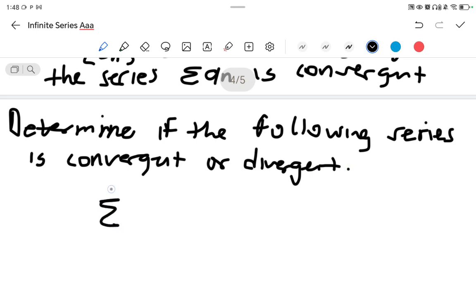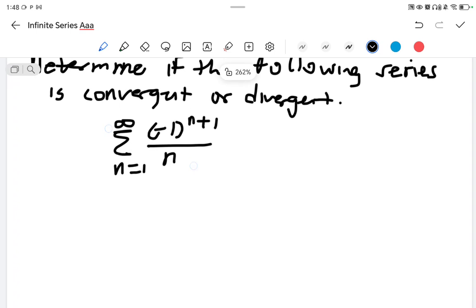Then the series is as follows. Then for us to check using this alternating series test, we can first note that we can write this in this format.